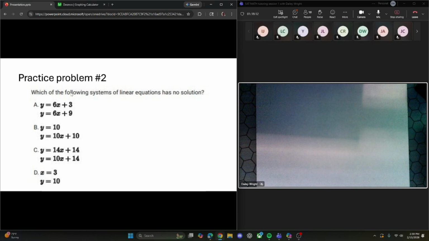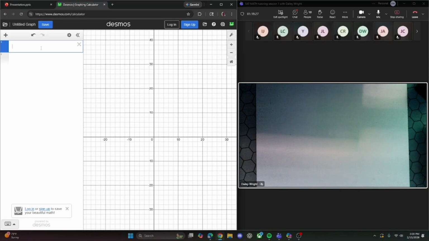If the slope of the equations are the same and the b is different, then they will never collide. Since these slopes are the same and their b is different, they'll never touch each other because y equals 6x plus 3, y equals 6x plus 9.